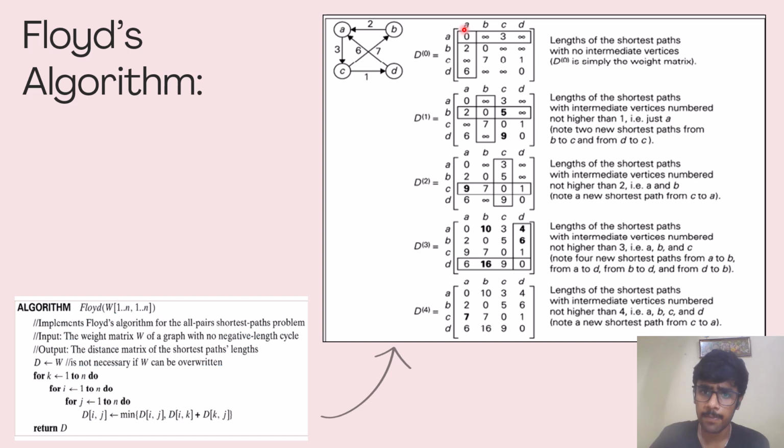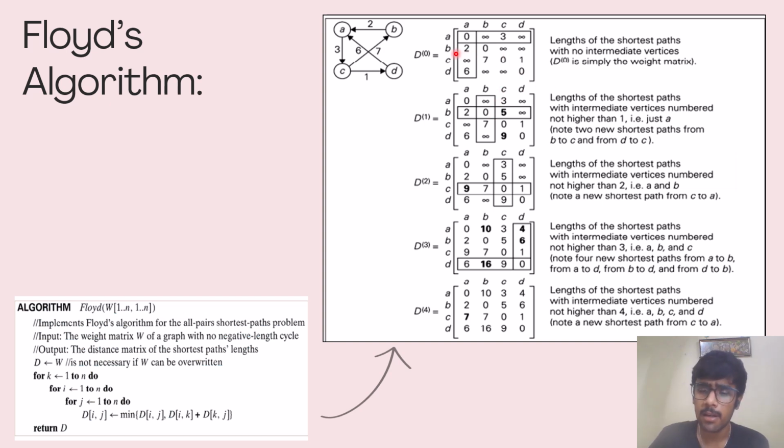Now if I want to find b comma b, I'll take the current distance, that is 0, and the intermediate distance, b to a plus a to b, that is 2 plus infinity. Among 0 and 2 plus infinity, the minimum is 0, so I'll write it as 0.